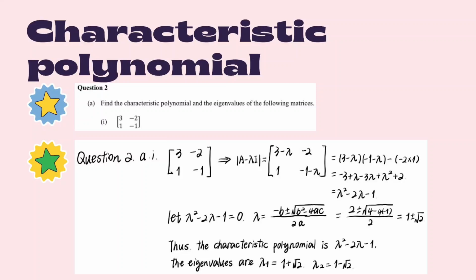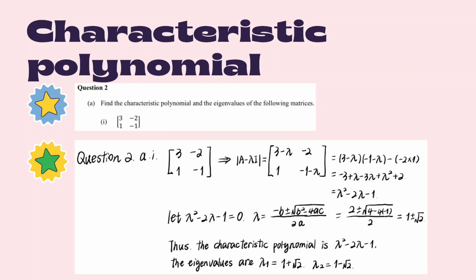Okay, so next let's move on. Here is a question from our tutorial before. The question is: find the characteristic polynomial and the eigenvalues of the following matrix: (3, -2, 1, -1). So here is my answer.